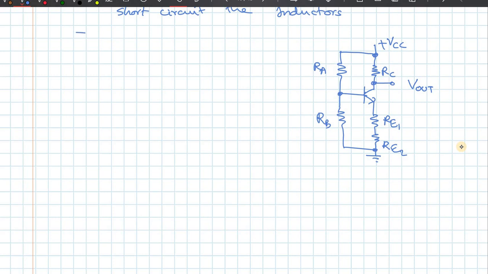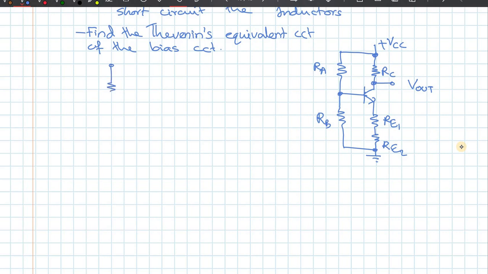Then the next thing we do is find the Thevenin's equivalent circuit of the bias circuit. So what is my bias circuit? This is my bias circuit.